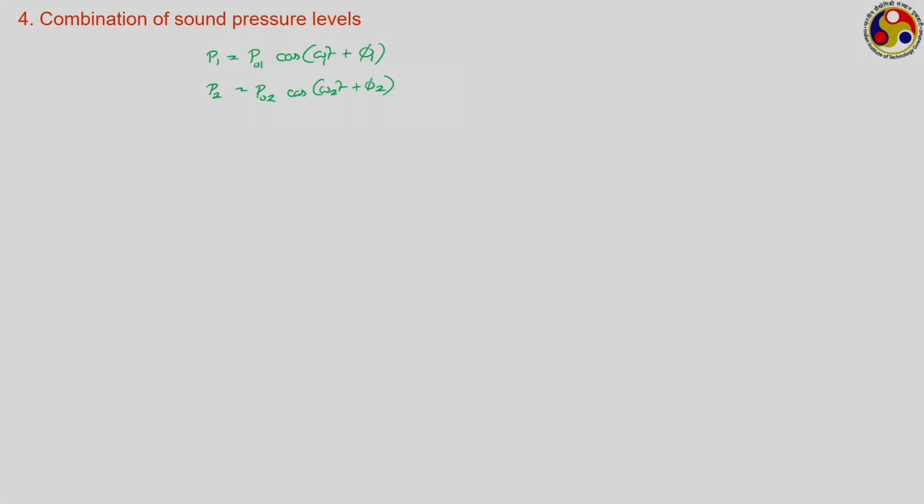So, if we are talking about a combination of both of them, then in this medium P RMS square will be equal to 1 by T integral 0 to T of P1 square plus P2 square dt. There are two possible scenarios.